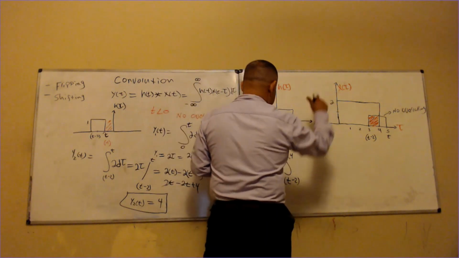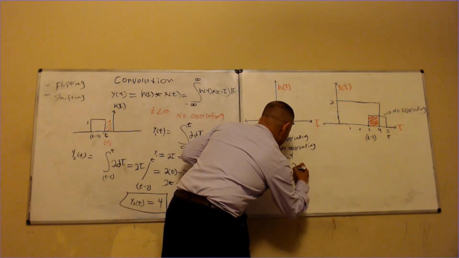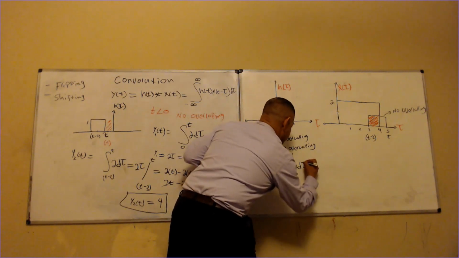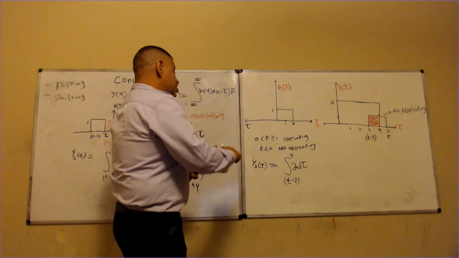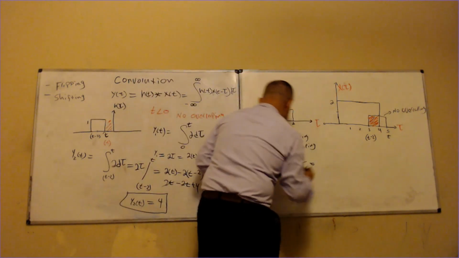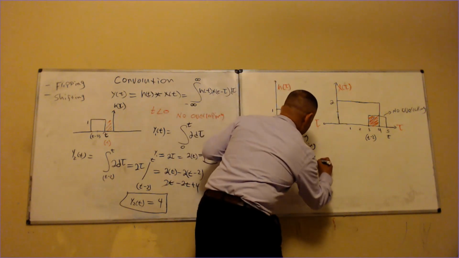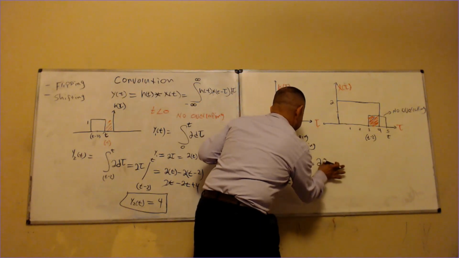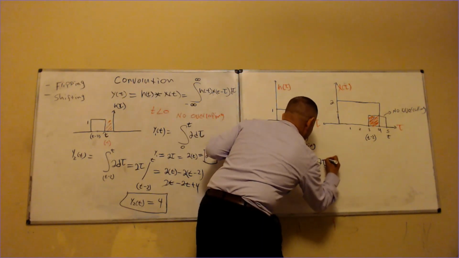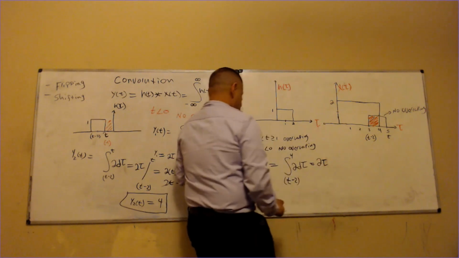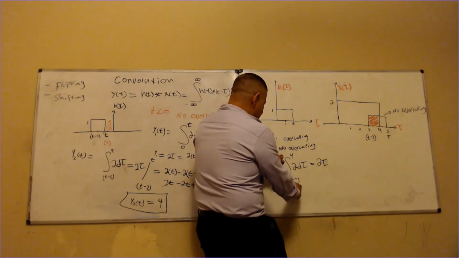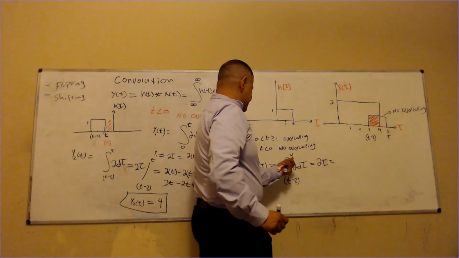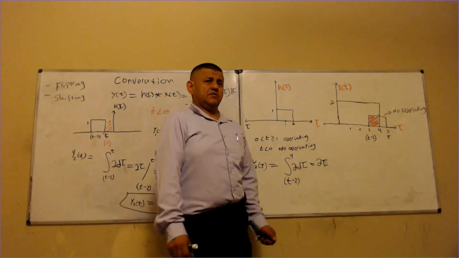Multiplying the two functions again, I get 2, and then 2 dτ. Integrating that, again, I get 2τ. Then, plugging these values in there, I'm going to evaluate that.